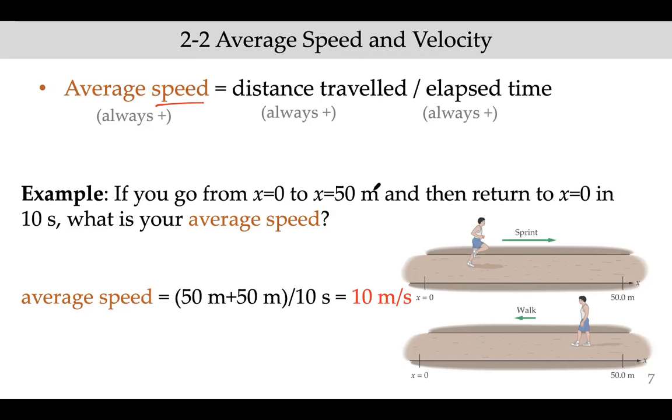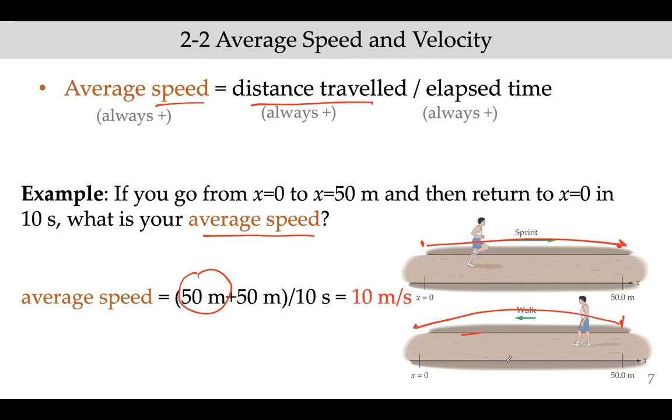Okay, so now let's look at this example. The same situation here, but the only difference is now the question is asking not average velocity, but average speed. Well, for the average speed, find the distance traveled. The person goes from here to here first. What is the distance? It's 50. And then he goes from here back to 0.